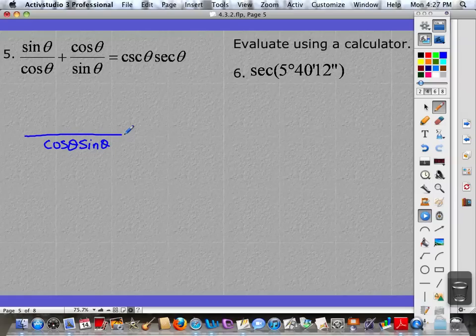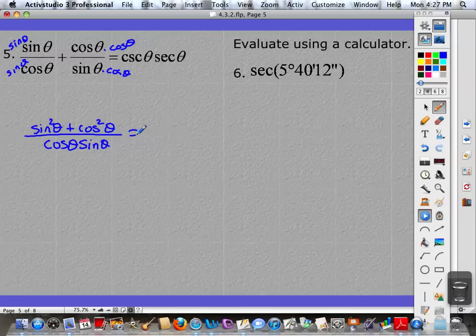So, what would I have to do to the first fraction in order to make its denominator cosine times sine? I would have to multiply numerator and denominator by a sine theta. Well, sine times sine would give me sine squared theta. In the second fraction, I'd have to multiply numerator and denominator by cosine, which gives me plus cosine squared theta.